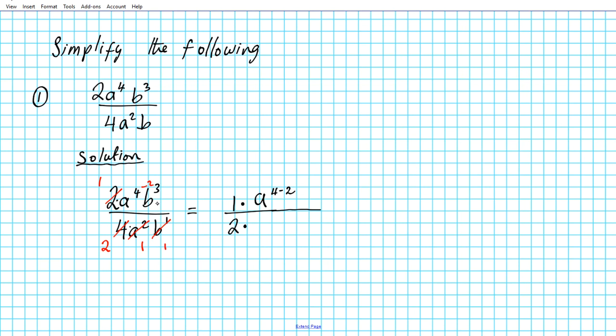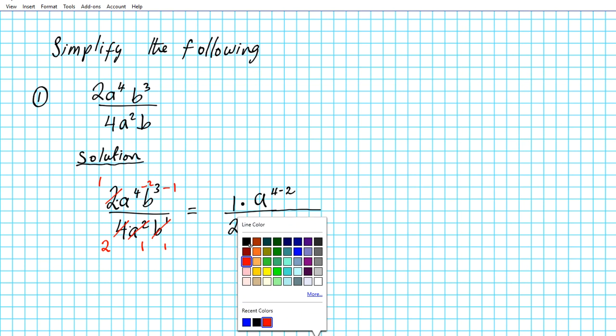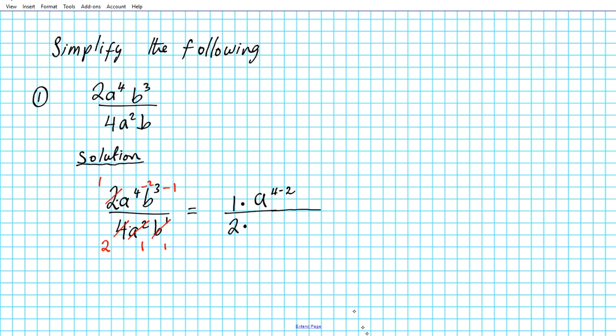And when we divide b to the first power into the numerator, all we have to do is simply subtract 1 from the power. Subtract the power from the denominator from the power in the numerator, and that's how you divide using the quotient property of exponents. So this will be times b to the 3 minus 1. Let's go ahead and simplify that.